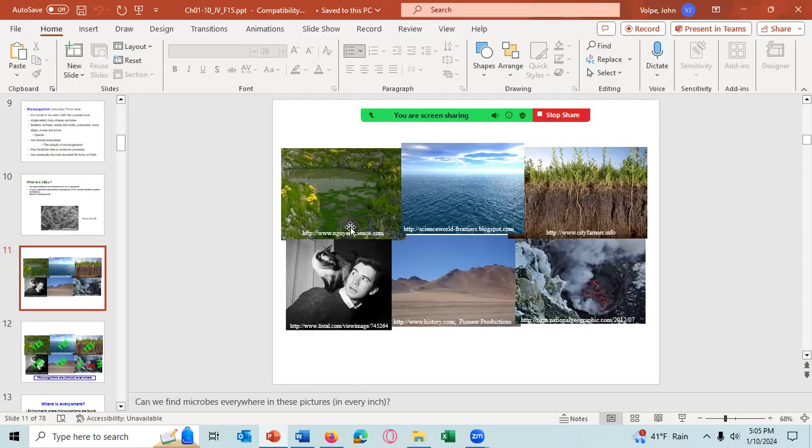If we were to look at these pictures, where do you think you would find a microbe in these pictures? Would you find microbes in the water, on the plants, in the water here, in the air here? Would you find microbes in the plants here, in the ground here, or in the air there?